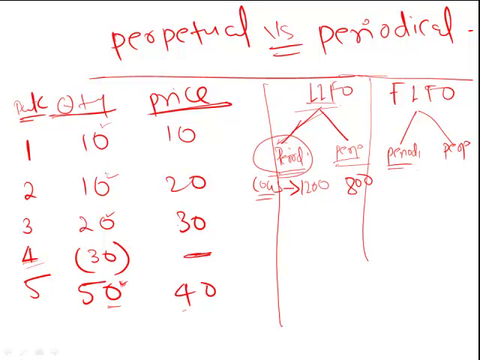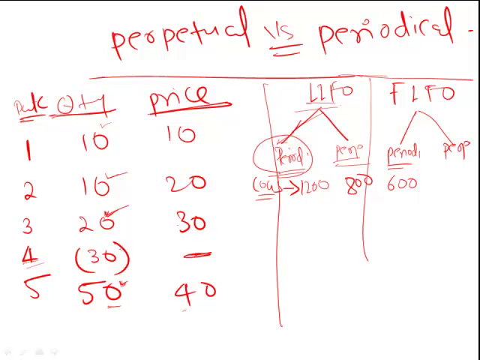This 10 will go, this 10 will go, and out of 20, 10 will go. So 10 plus 10 and 10 from here, so 30. 10 into 10, 100. 10 into 20, 200. 10 into 30, 300. 300 plus 200 plus 100, total 600. So COGS is going to be 600 if it was periodical.